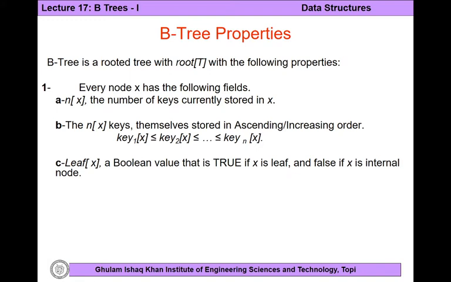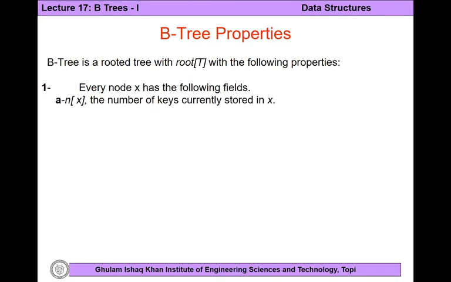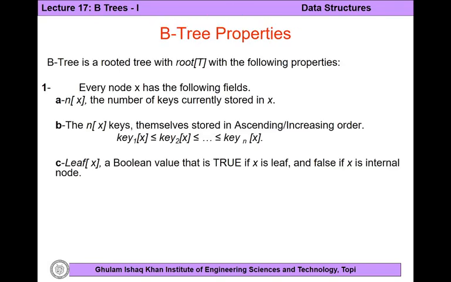And then there is a Boolean variable in each node, which tells us if the node is a leaf node or a non-leaf node, right? For example, here in these nodes, that Boolean variable will be on, but in these nodes, because these are not leaf nodes, the variable will be off, right? So these are the variables which are stored in each node.